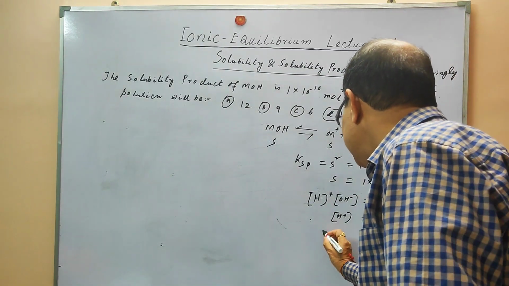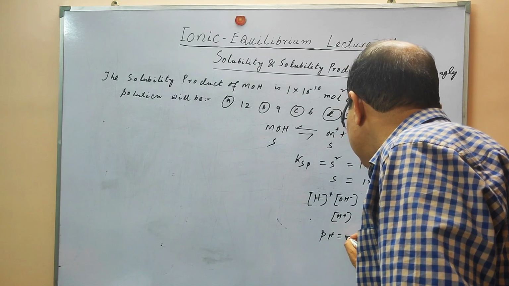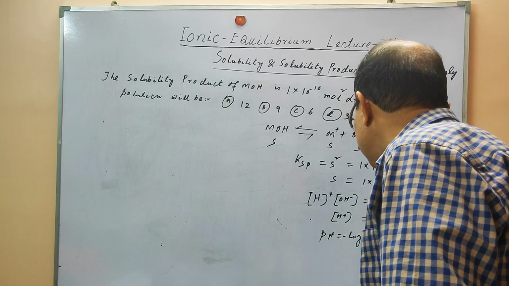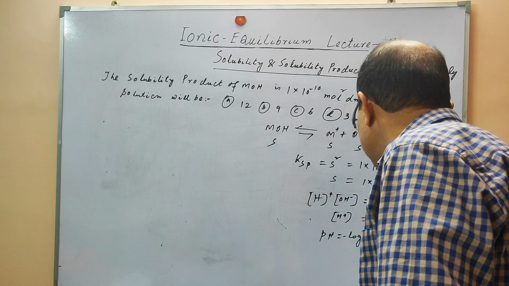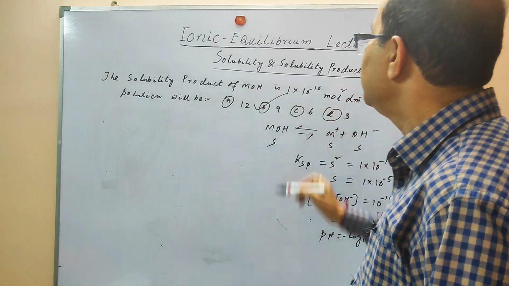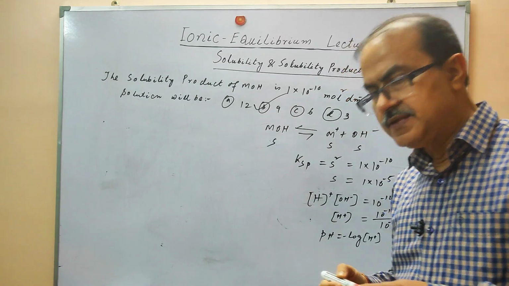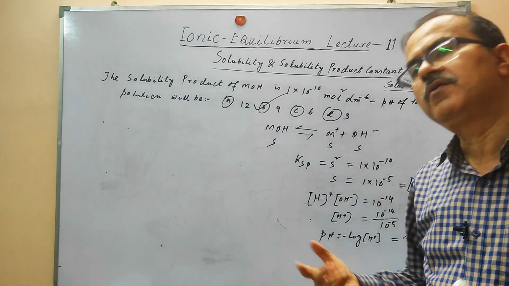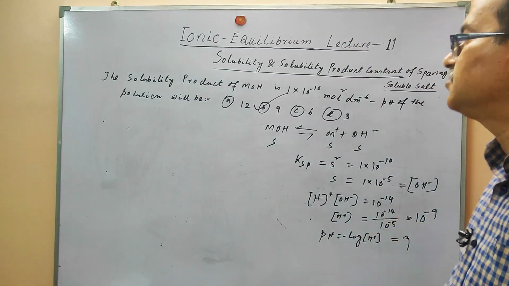So pH is minus log of H plus ion concentration, so it will give 9. So B is the right answer. In this way, from the solubility product, you can also calculate the pH of solutions.